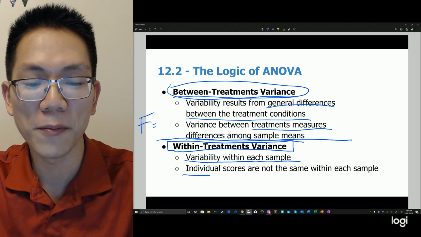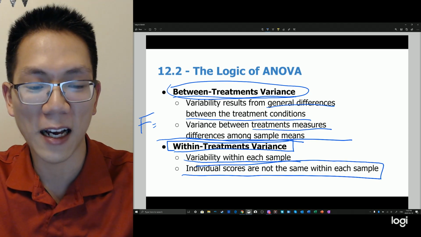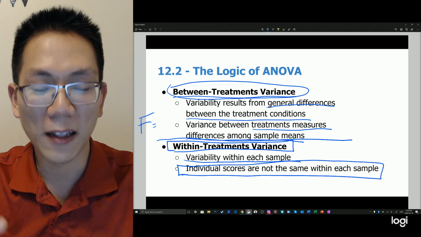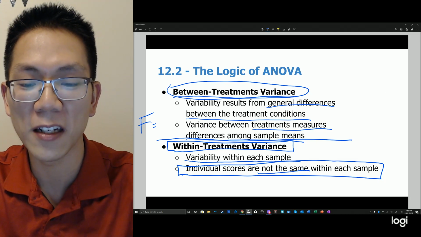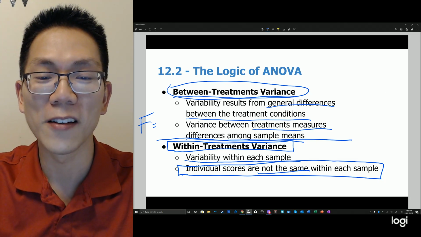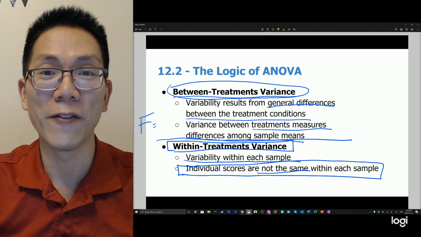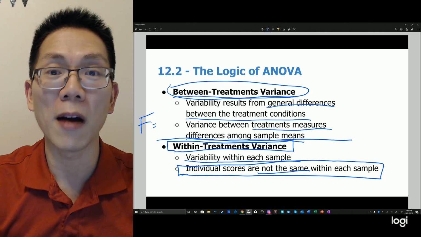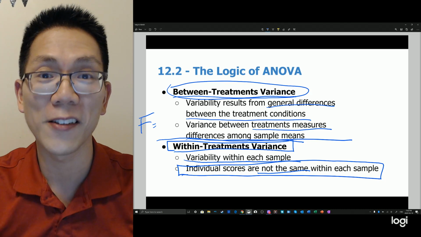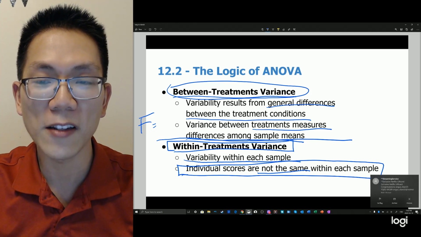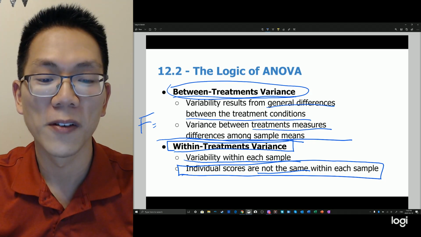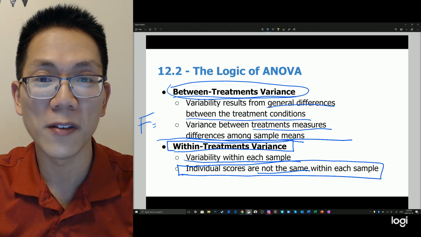One thing you should note in the slides is the last sentence that says individual scores are not the same within each sample. That means the scores themselves, when you compare one with another, even if they're in the same group, are going to be different. So that's within groups or within treatments variance.